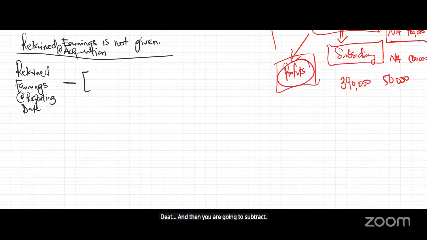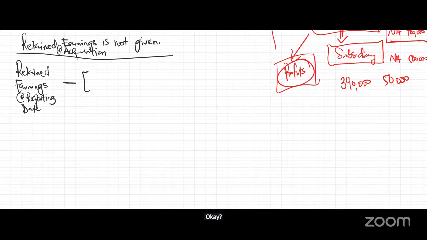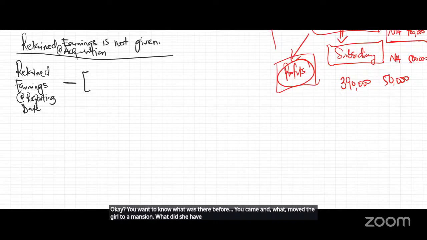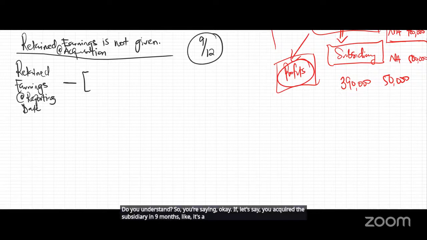Then you are going to subtract your contribution period. So if you want to know what was there before you came, what did she have before you moved her to the mansion? Do you understand? If you acquired this subsidiary in 9 months, like it's a 9-month acquisition, then deduct your 9 months.